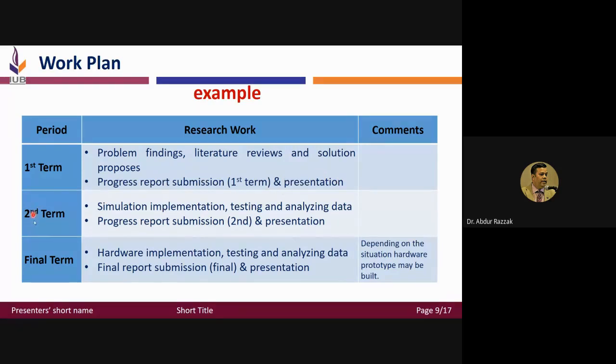In the second term: simulation implementation, testing and analyzing the data using simulation, and the progress report submission and presentation. In the final term: building the hardware prototype, testing it in the laboratory, and analyzing the laboratory data. Finally, you have to submit the final report and present it. And of course, there is another process, the project demonstration, that you can write here.